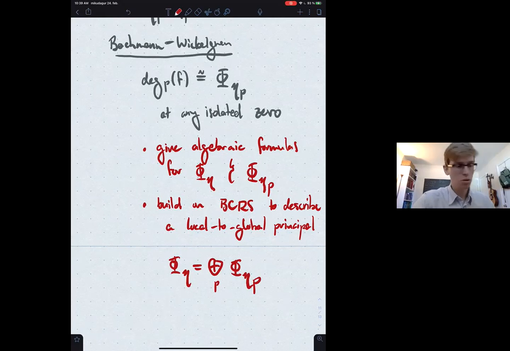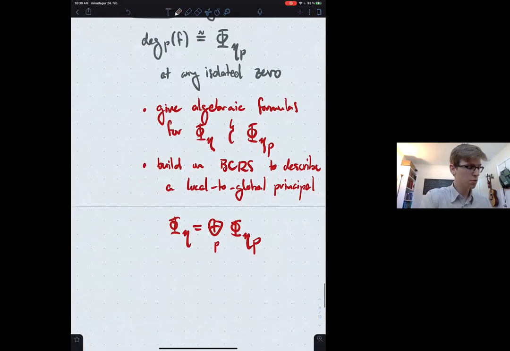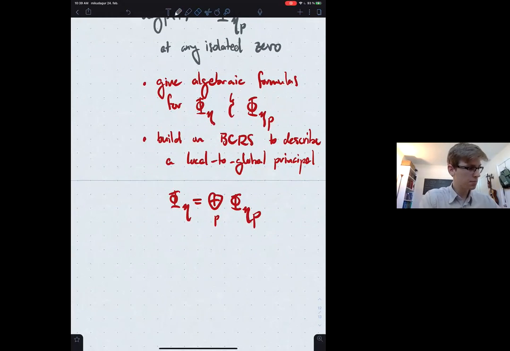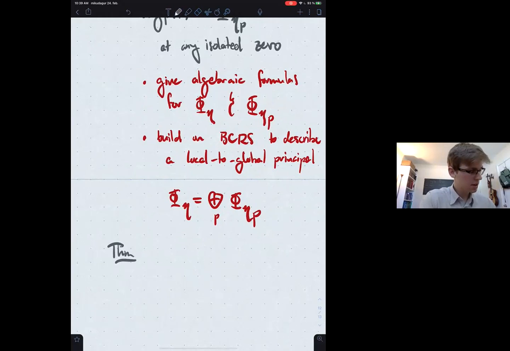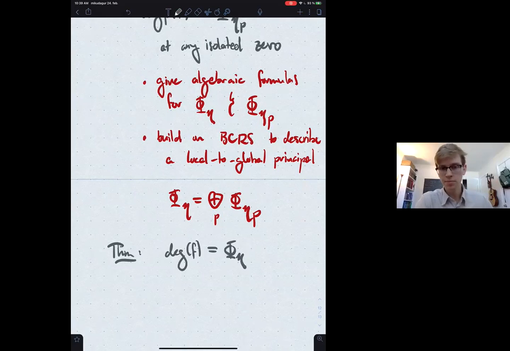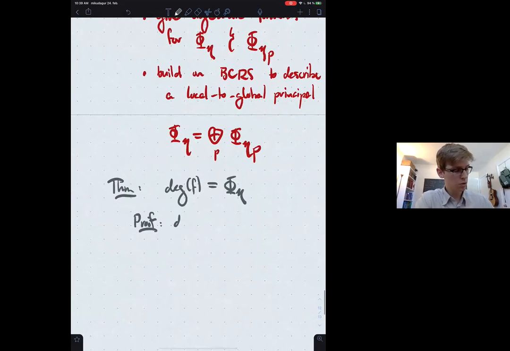Okay. So using these two new pieces of information, we can say that the global degree is given by eta. It's given by this global Scheja-Storch form. And the proof is, well, the global degree is a sum of local degrees by Kass-Wickelgren.